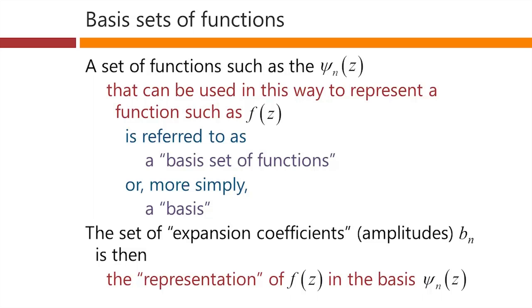What we're saying here is that any function f of z can be represented in an appropriate complete basis. It's just as complete a way of writing out this function to write down these expansion coefficients on this basis here. So we are saying that instead of writing out the function as a set of amplitudes in space at different positions, we can just as well write it out as a list of the amplitudes of these basis functions.